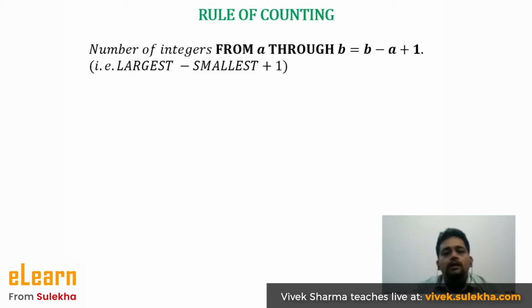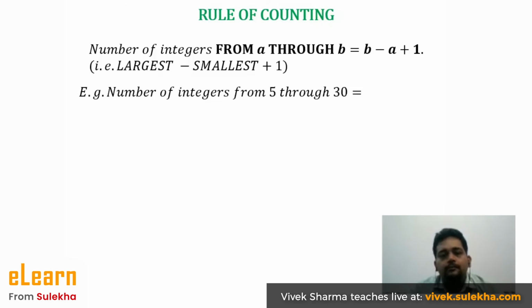So from A to B, you include A and B, and the number of integers will be B minus A plus 1. For example, how many integers are there from 10 to 20? You count 10, 11, 12, 13 and so on till 20, which is 20 minus 10 plus 1, that is 11 integers.